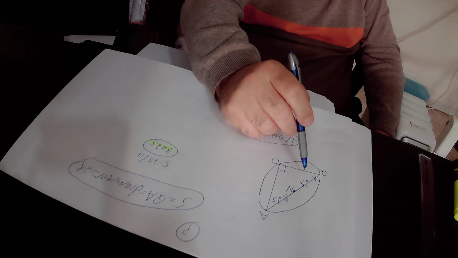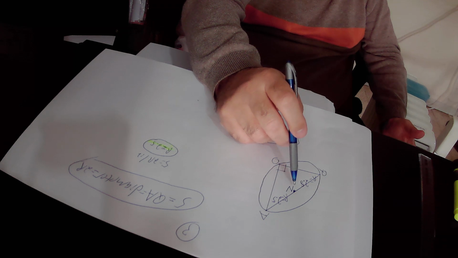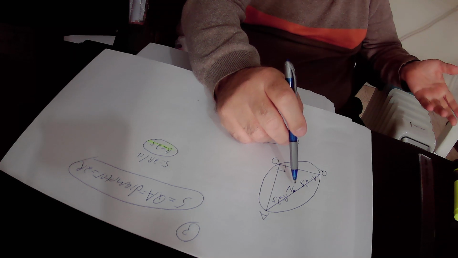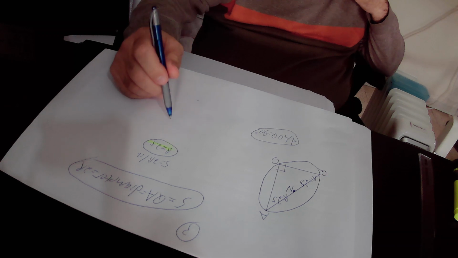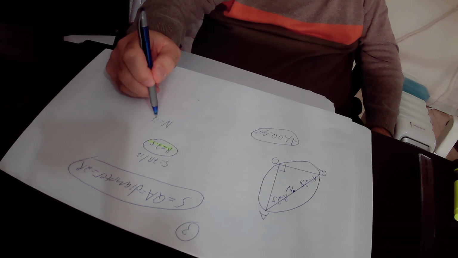The first half equals 2.5 and the second half also equals 2.5 units. Therefore, point N is the middle of the diameter, and the middle of the diameter is also the center of the circle. So point N is the center of the circle.